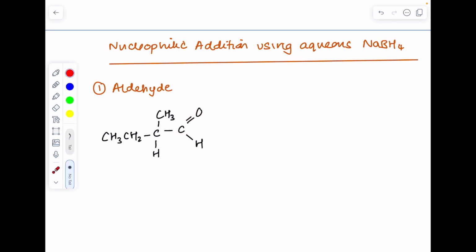So to remind you, here's our aldehyde functional group, meaning that this oxygen is electron rich, this carbon here is electron deficient. Do practice naming this aldehyde when you get the opportunity. 1, 2, 3, 4. We have 4 carbons. We have a methyl group on what is in effect the second carbon. So we have 2-methylbutanal.